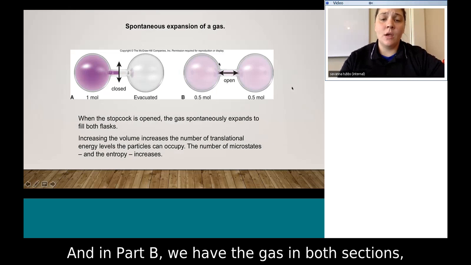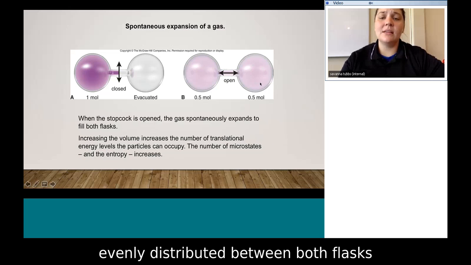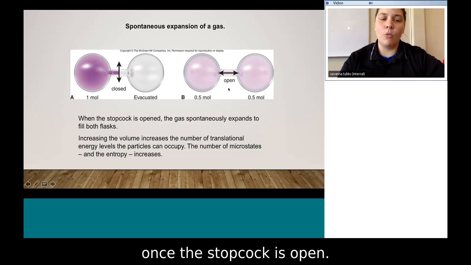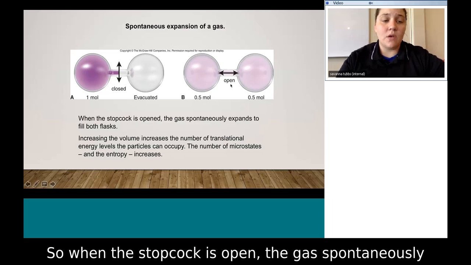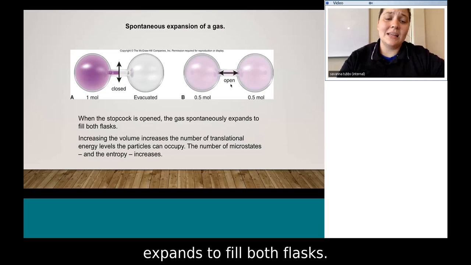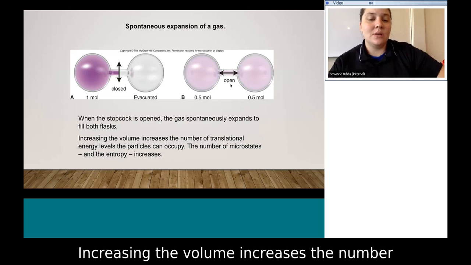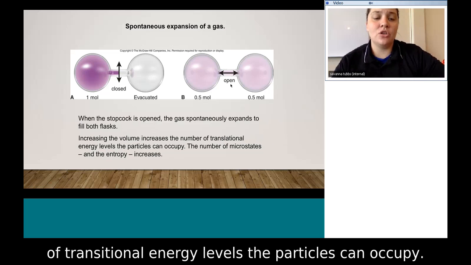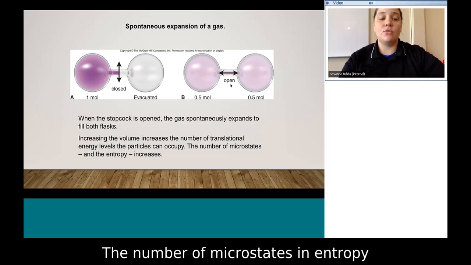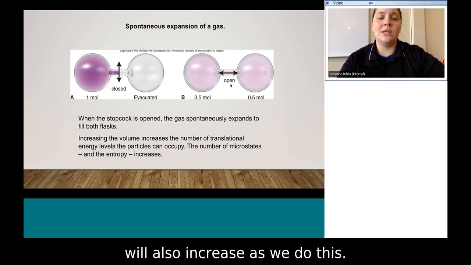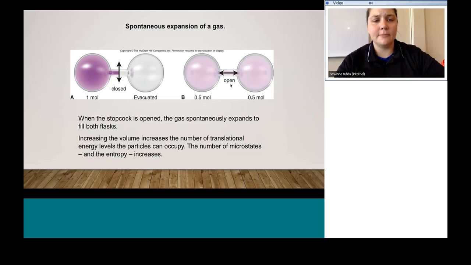And in part B, we have the gas evenly distributed between both flasks once the stopcock is open. So when the stopcock is open, the gas spontaneously expands to fill both flasks. Increasing the volume increases the number of translational energy levels the particles can occupy. The number of microstates and the entropy will also increase as we do this.